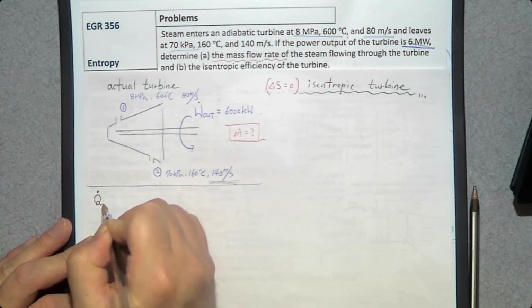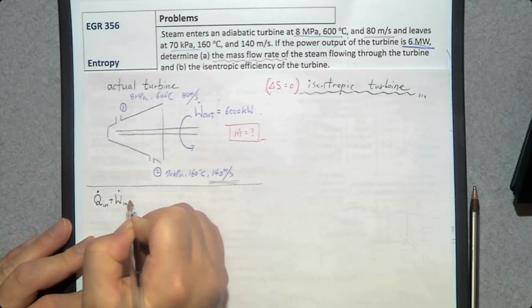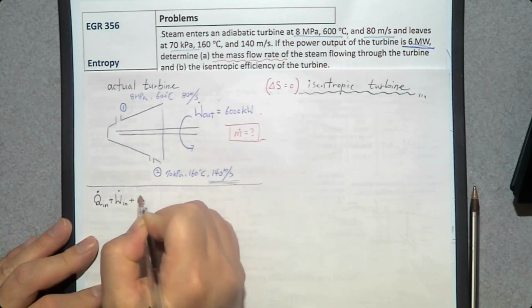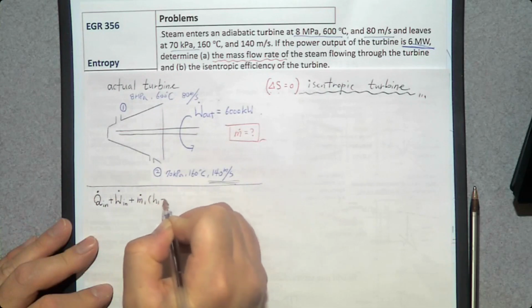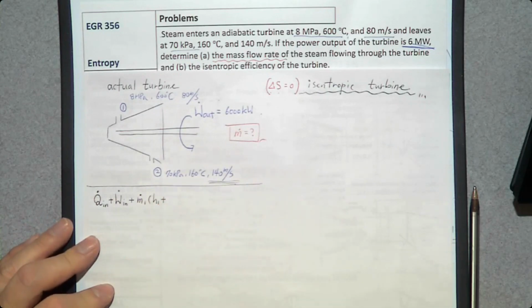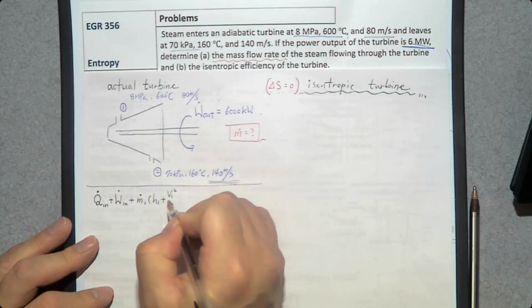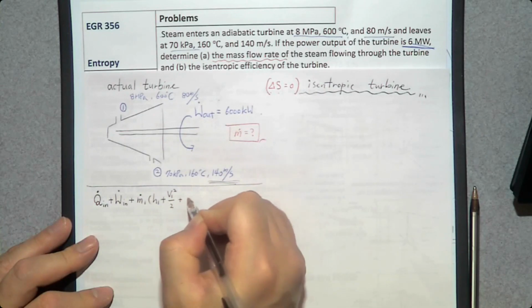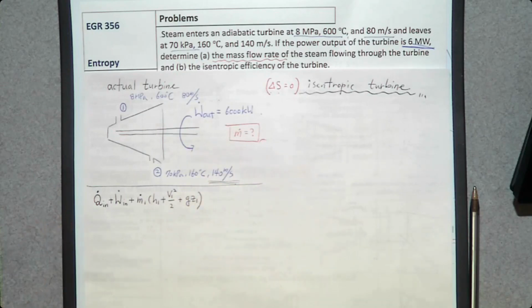Q dot in plus W dot in plus m dot at the inlet, which is number 1. This one has specific enthalpy h, specific kinetic energy, velocity square over 2, and specific potential energy, gravity times elevation z.